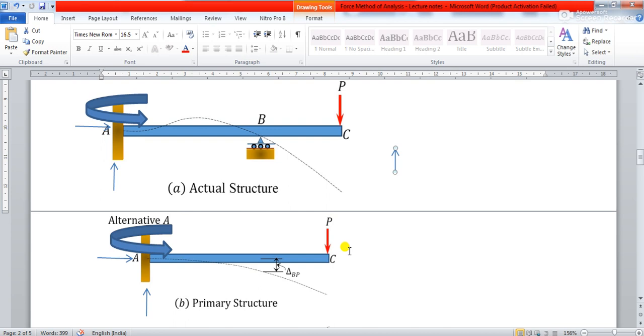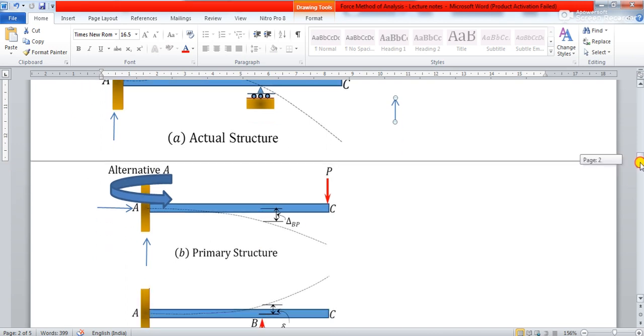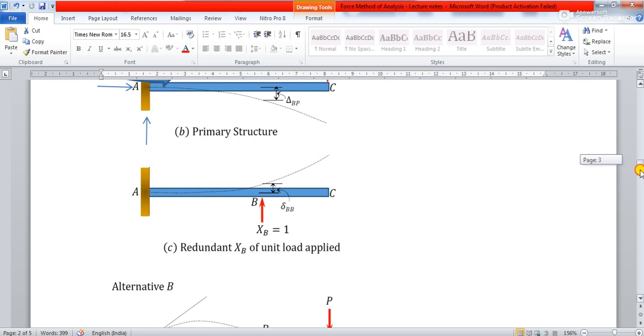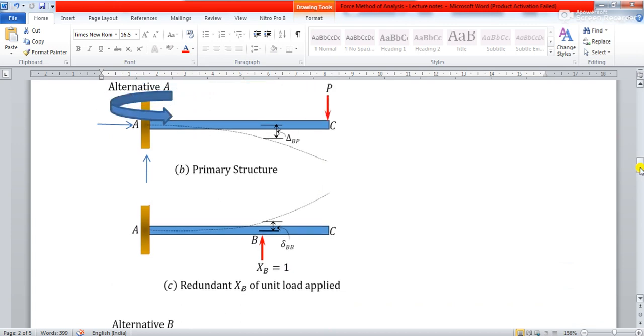So you will have to find out the deflection at the position from where you have removed the redundant. Is it clear? So this is your primary structure. You should be very clear about the primary structure now, and at the primary structure you should be finding out the deflection.